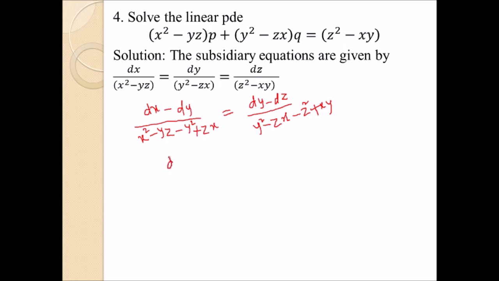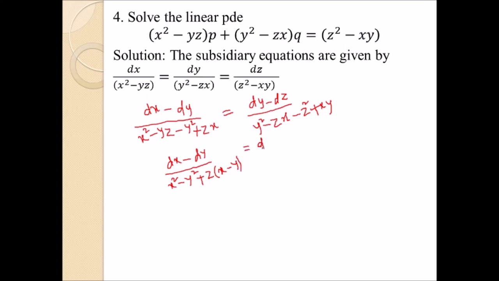Now here we do dx minus dy by x square minus y square minus z is common, or I can take plus z common, x minus y.